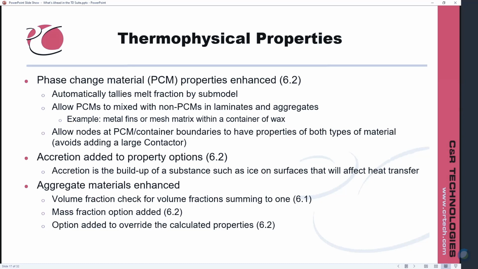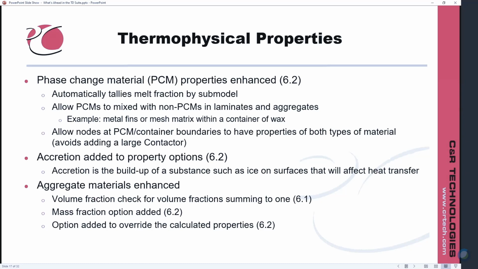Then for aggregate materials, we've enhanced them to perform a model check or a volume fraction check. We realized that we were allowing volume fractions that did not sum to 1, and that plays havoc with the calculations internally. So we are providing a check for that.